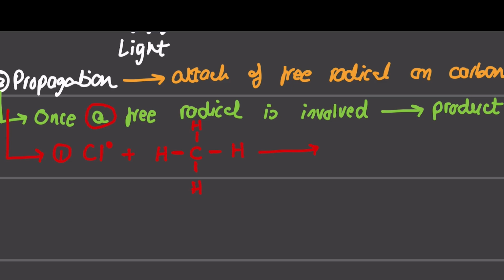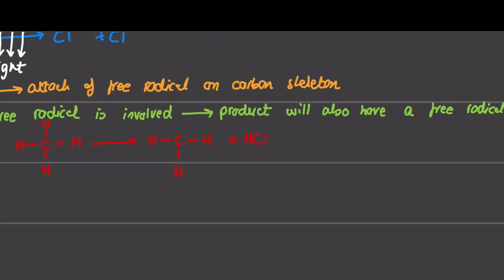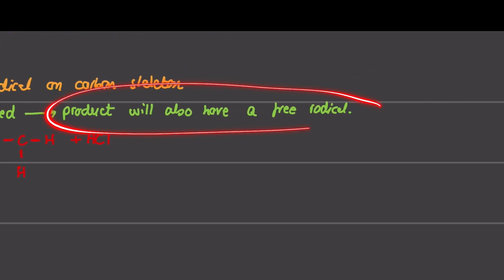That's what I want you to understand. It pushes the hydrogen out and steals the hydrogen away. The product is this thing. Let's say it has stolen this top hydrogen, and I'm going to have HCl. What's my rule? The product will also have a free radical.